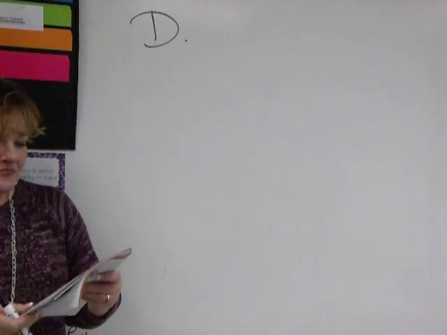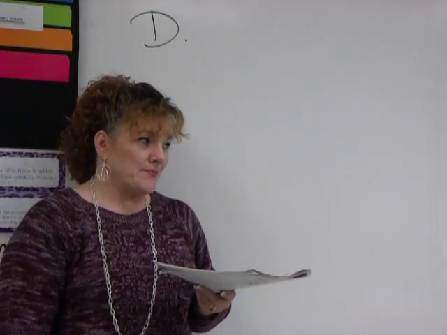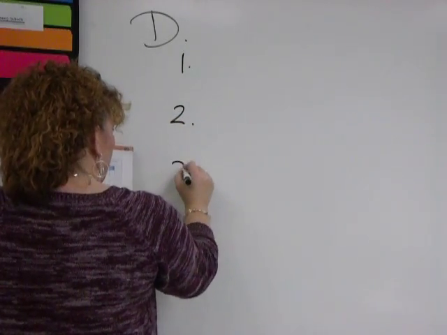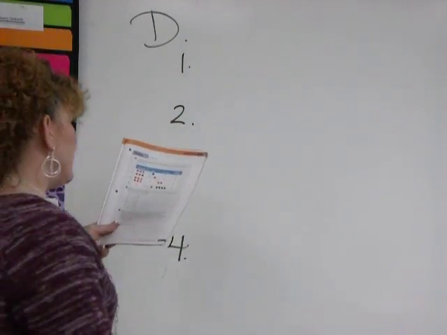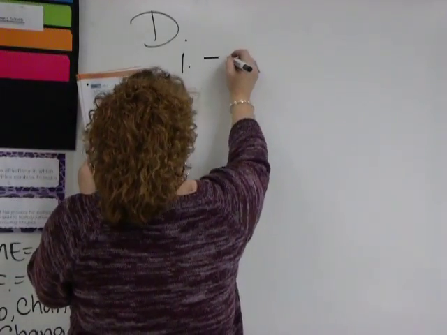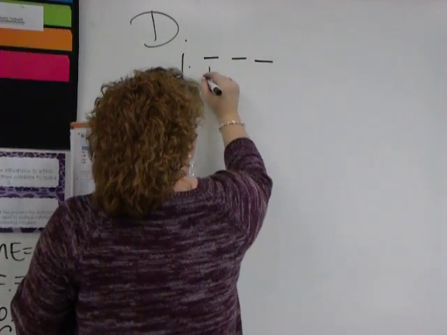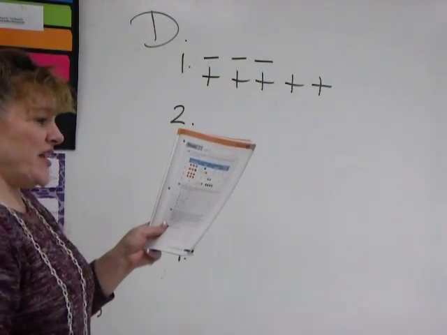D wants you to find the missing part for each chip problem. Now, this is a different way to look at it because they've given it to you in a table. They said that we're going to start with 3 negative chips. We have to add 5 positive chips.